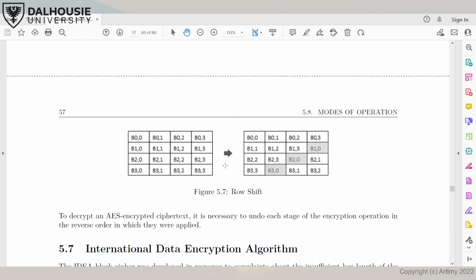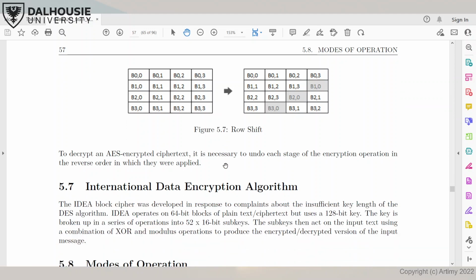Now, this is considered by far better than DES. The size of the key at least doubles, if not more. So if we use 128, that's actually double the 64, or even more than double the original 56.